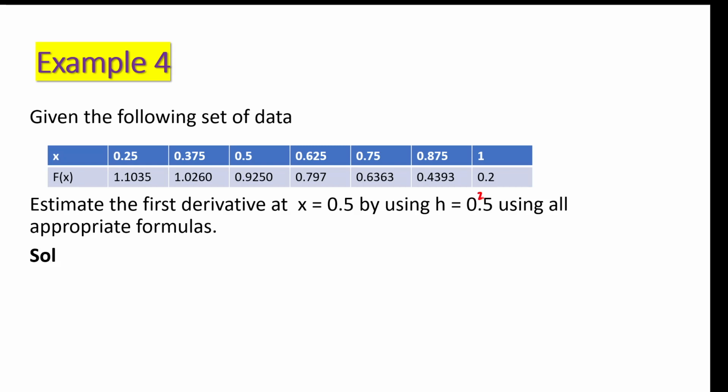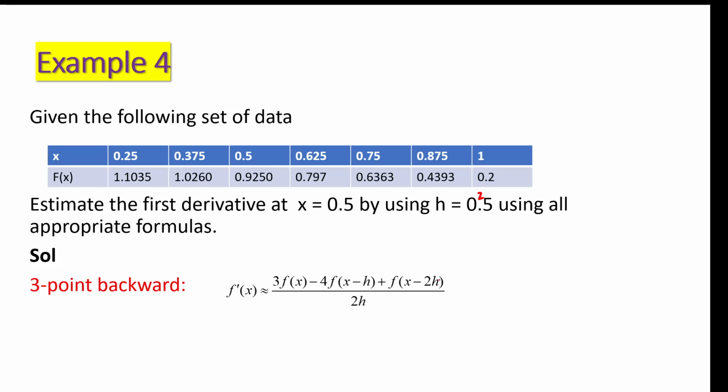This is also 0.25. 3-point backward cannot be used because we don't have this point.